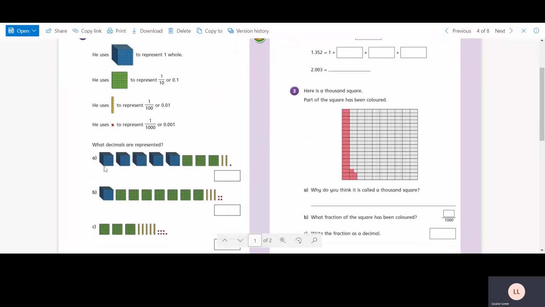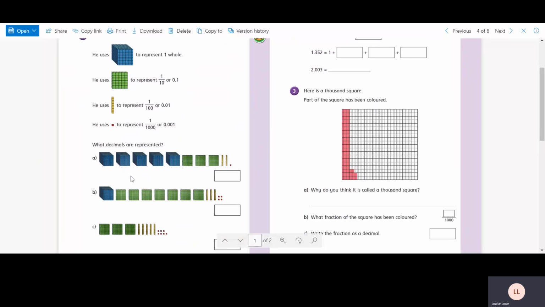So when we're looking at question 1A down here, remember that the blue ones are whole numbers. So we've got 1, 2, 3, 4, 5 whole numbers. And then we've got 3/10ths, 2/100ths, and 1/1,000th. So we would represent that as 5.321.